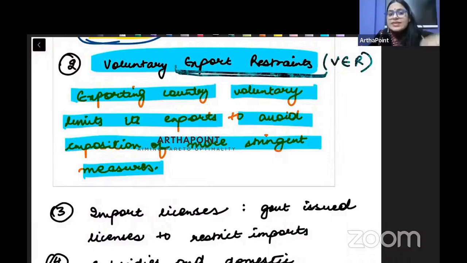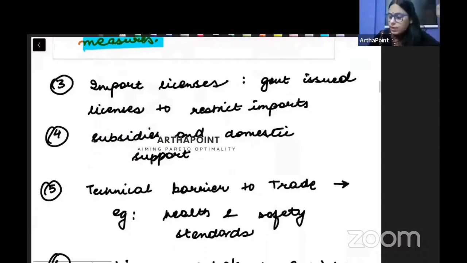That is called voluntary export restriction. So what is it doing? It is saying, okay, I will restrict my exports, but you don't put any strict imposition on me. That is VER.